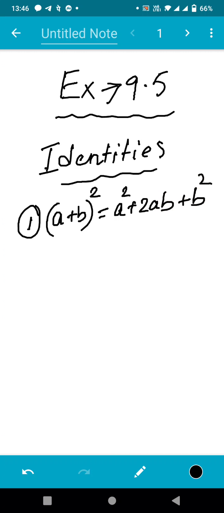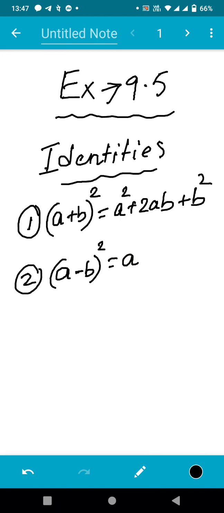This is the first formula, and the second identity that we'll use is (a minus b) whole square, and this would be a square minus 2ab plus b square. Okay, these are the two formulas that we'll use in the first four sums of question number 1.